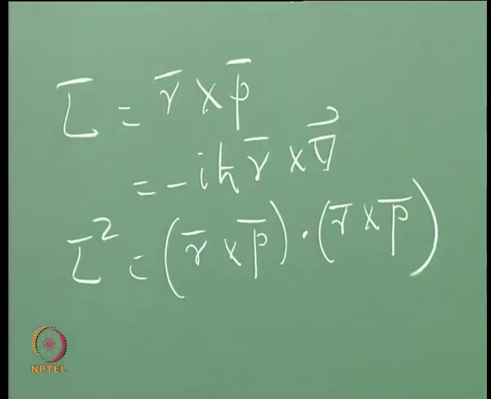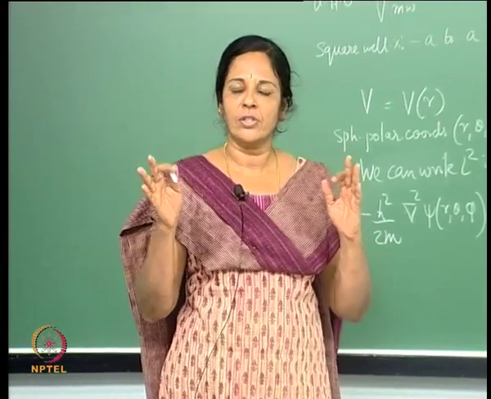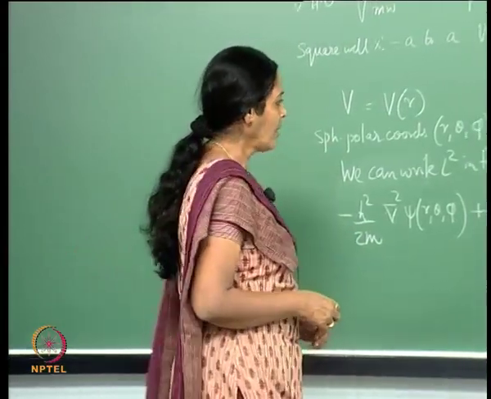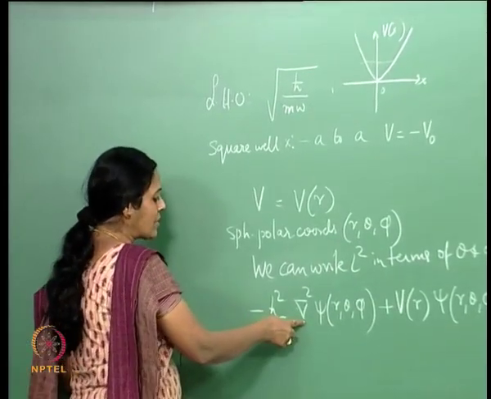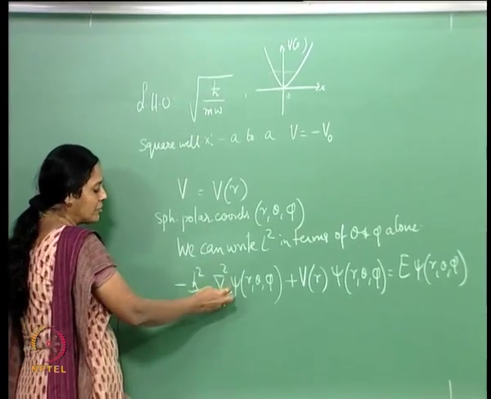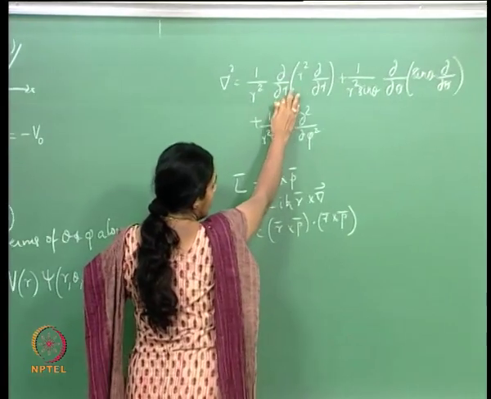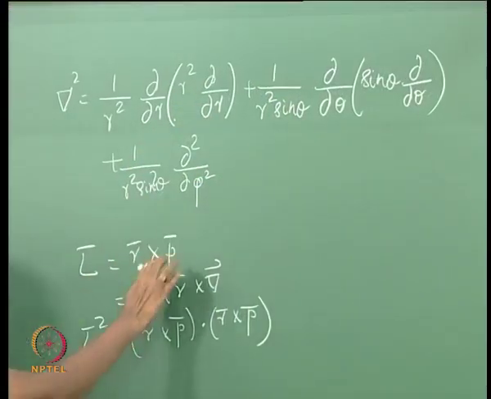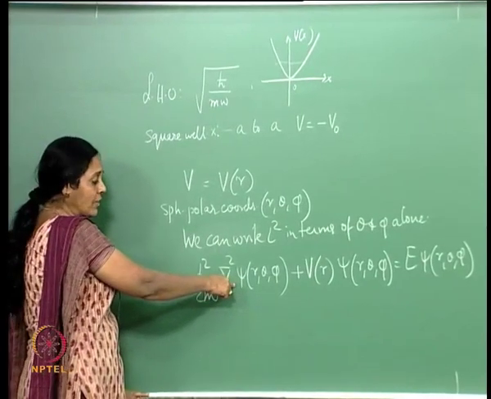So, I would like to write a relation between del squared and L squared. Now, if I did that, I can re-express del squared in terms of the radial part, 1 by r squared delta by delta r of r squared delta by delta r, plus an angular part which will depend only on L squared.